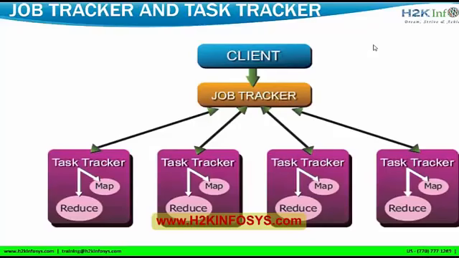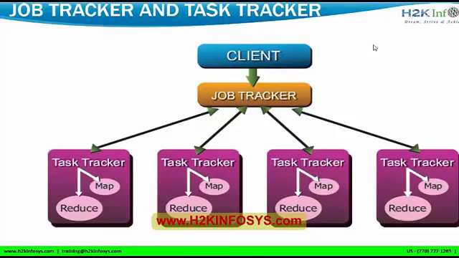So it acts like a name node only. That's the reason it is called a master node. It will decide which task tracker performs which particular job. But the actual daemon which processes the job is the task tracker only. If you see here, in each task tracker I have two words, map and reduce.